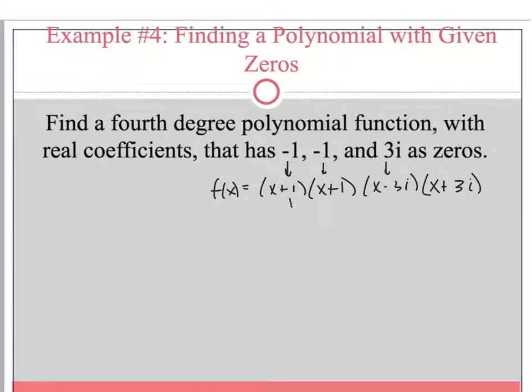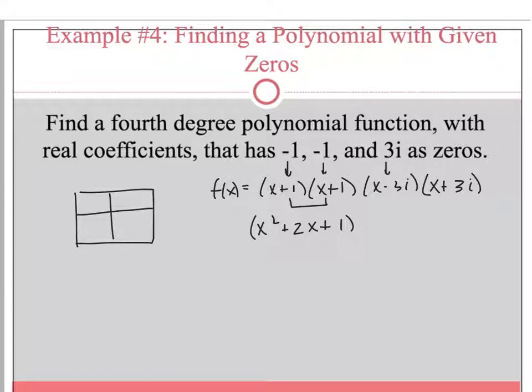So we're going to start with these two. If I multiply those two, and I could use the box to show it, we would get x squared plus 2x plus 1. With the last one, x plus 3i and x minus 3i, I will show a box so that you can get a better feel of it. Again, x times x is x squared. X times 3i is 3xi.